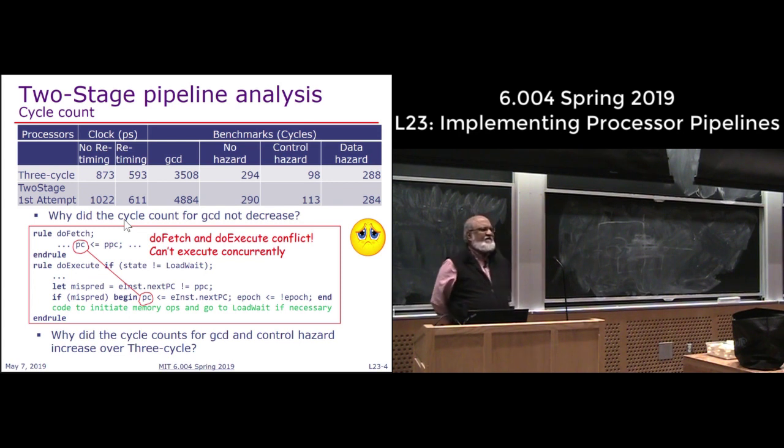Why is it increasing? Why is it increasing over multi-cycle? I mean, we didn't meet our goal of cutting down the cycles, but how can it get worse than multi-cycle? Any theories, any ideas as to what might be contributing to that?